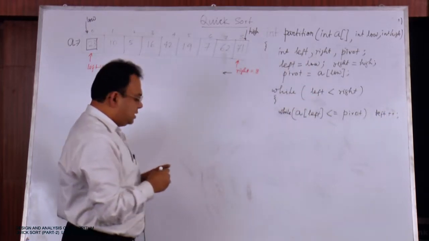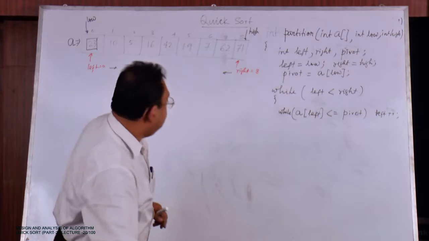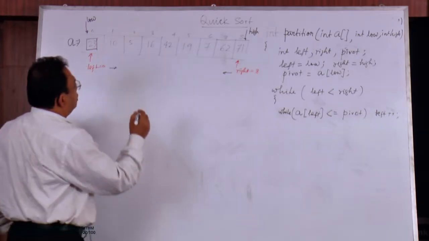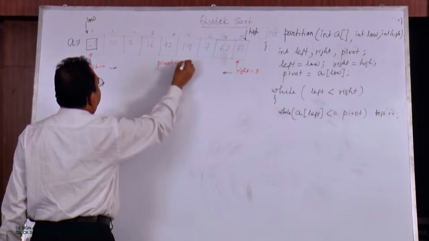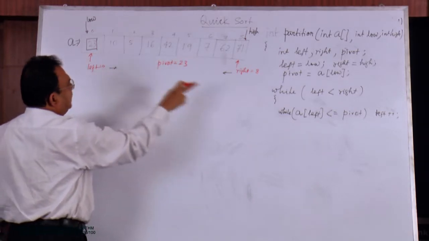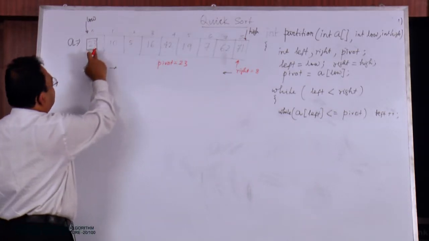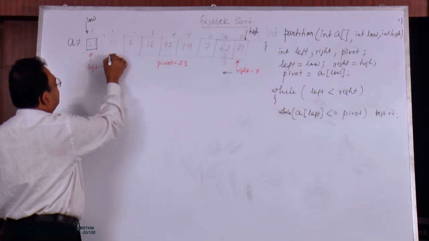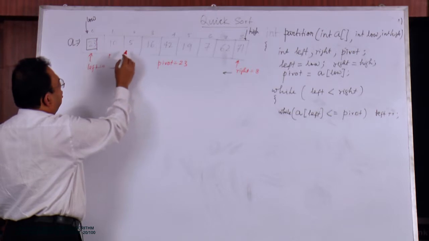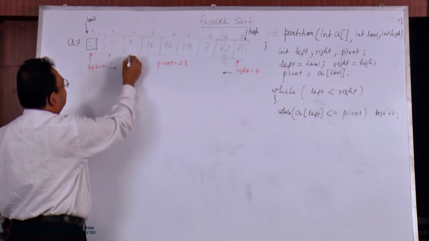Now, let us see what happens in this case. Initially pivot is 23. So, what is A[left]? 23. Is 23 less than or equal to pivot? Yes. So, left is moving to this position. 10 is less than or equal to pivot, yes, left plus plus. So, left is coming here.